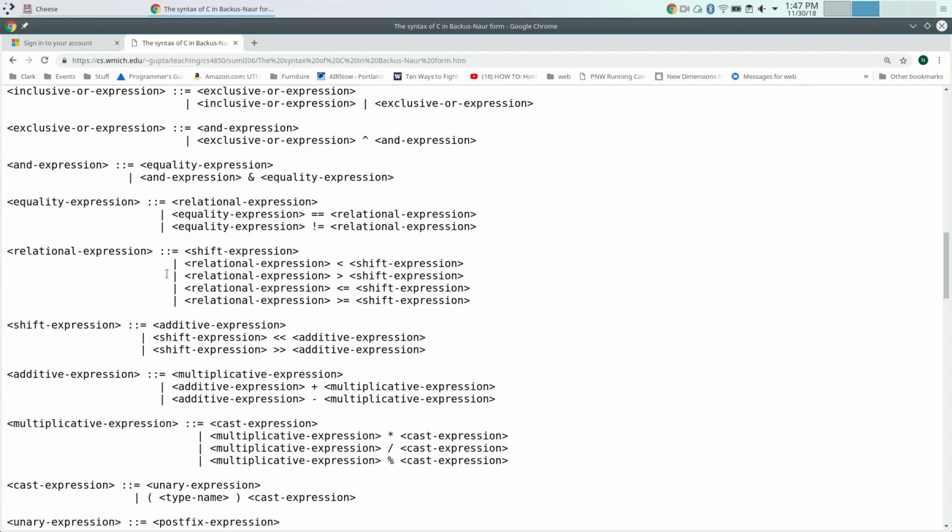Right, and all the information you need to be able to do that is basically described in this BNF. And so most languages you can find a BNF for.